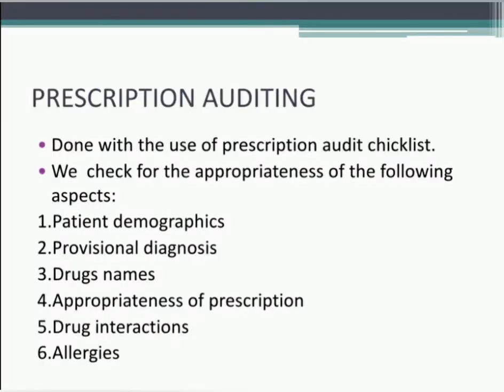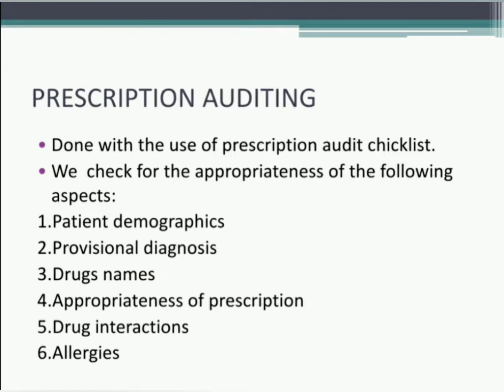Next role is prescription auditing. In NABH accredited hospitals, there is a prescription auditing process. There will be a checklist with us to check the written prescriptions. It contains patient demographic details, right from the date, registration number, name of the patient, gender and patient weight. Everything is checked for whether it is correct or not.